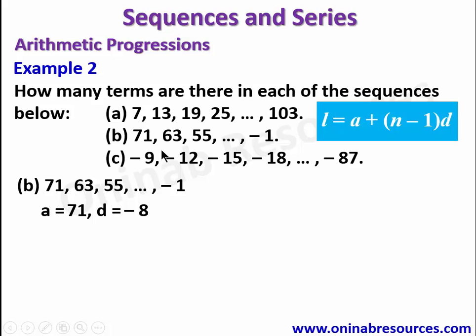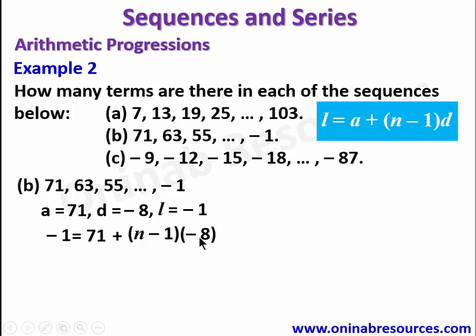Since 71 minus 8 gives 63, 63 minus 8 gives 55, and here our last term is negative 1. So substituting these parameters in the formula, we have negative 1 equal to 71 plus (n minus 1) multiplied by negative 8.